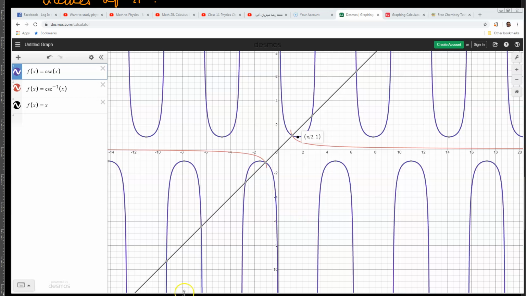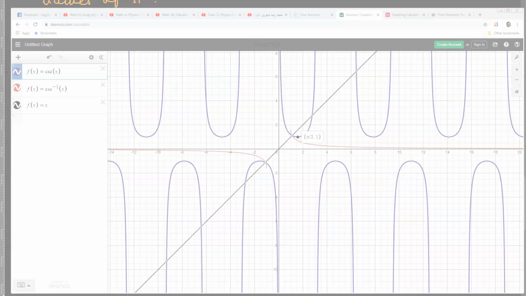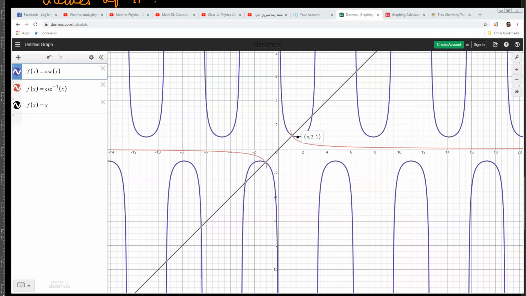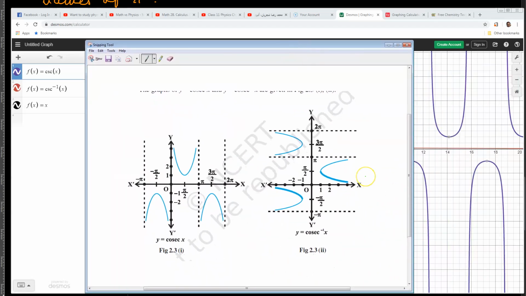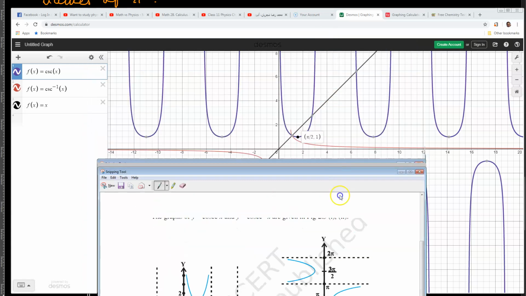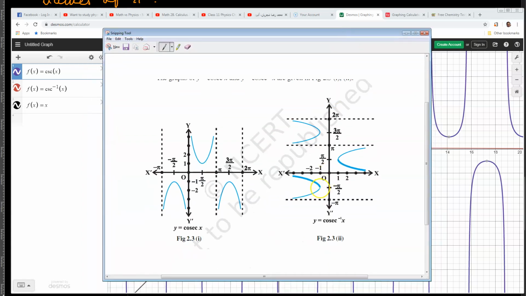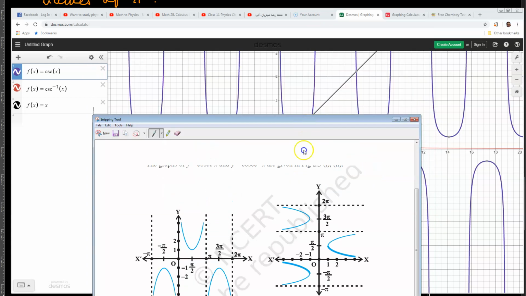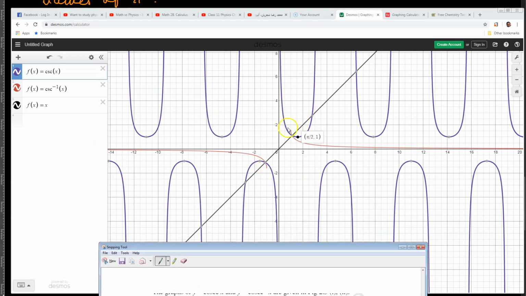What I mean by that is that what you would get would be something like this: this is the graph of the cosecant function, and this would be the graph of the cosecant inverse function. As you can see, these dark parts over here are the only parts that have been given to us by the calculator.